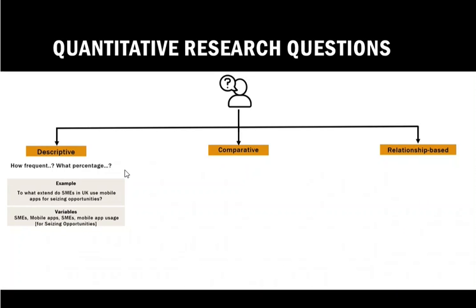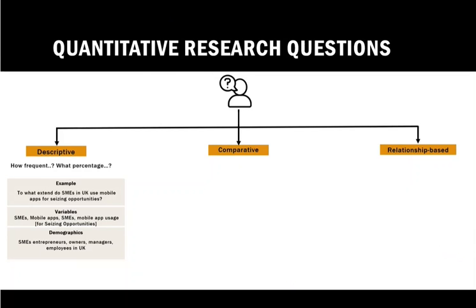So it's not just simply using mobile apps for anything. How do they use it for seizing opportunity? And so you also might want to consider your demographics in terms of who responds to your questions, who are the target audience. Okay, so here you're looking at SME entrepreneurs.